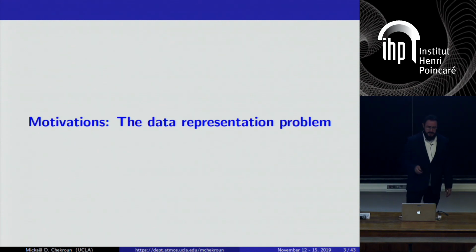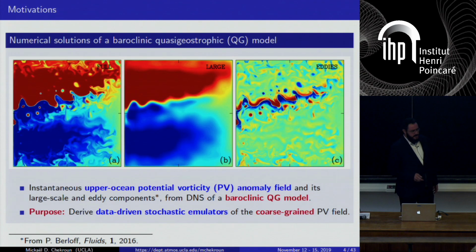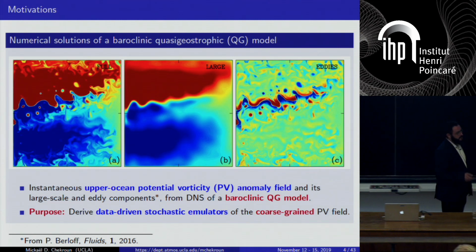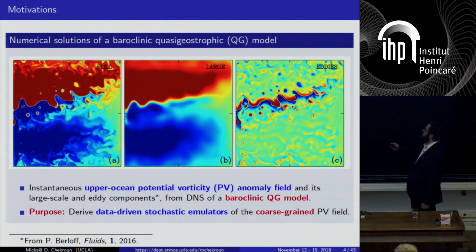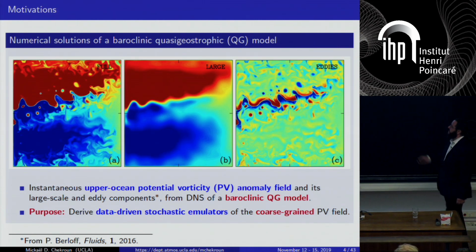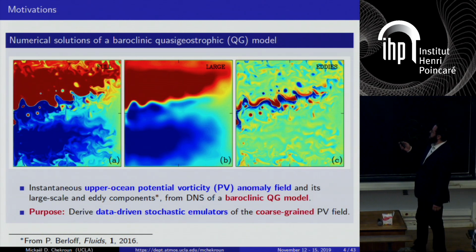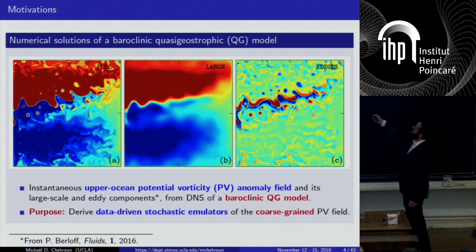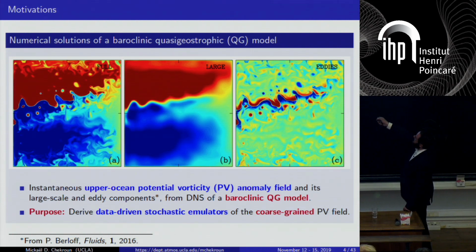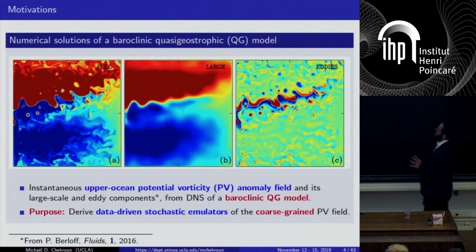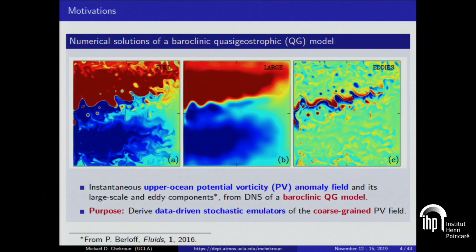So let's talk about the data representation problem. Here as a motivation, I picked up from this paper of Pavel Berloff, simulation of a baroclinic quasi-geostrophic model. To the left here, you see an instantaneous snapshot of the upper ocean potential vorticity.